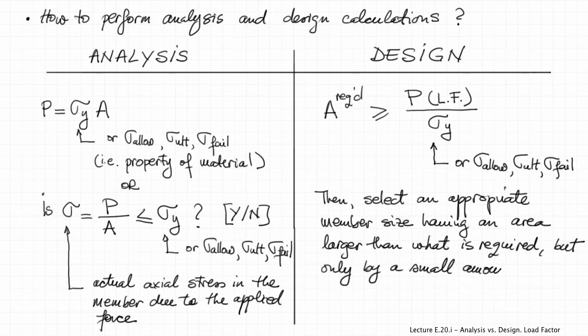So for cost effectiveness, we have to select the members that have a cross-sectional area just higher than what we require. So again, this is the methodology for designing members, straight members under axial load in tension, such as the members in a truss.